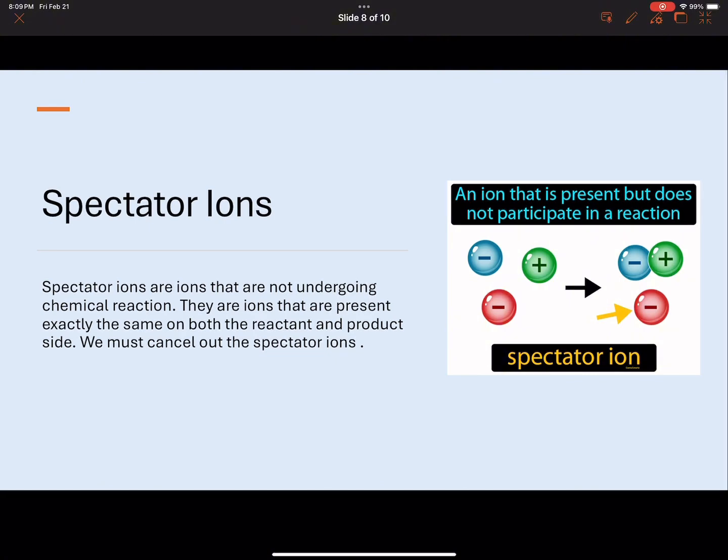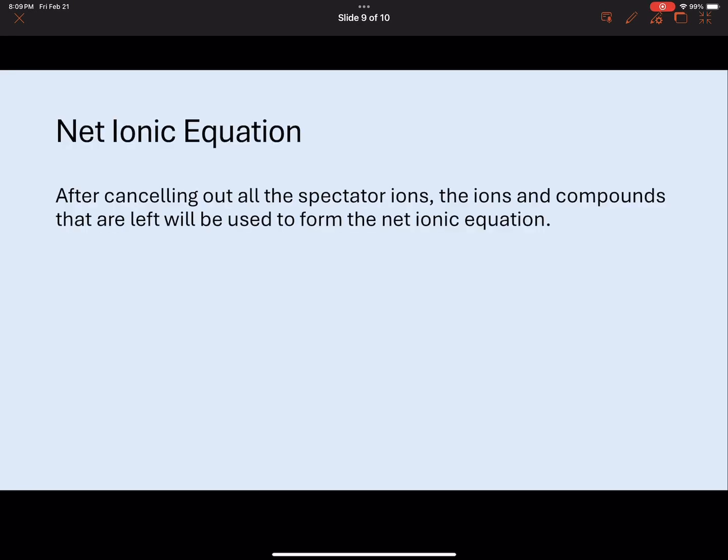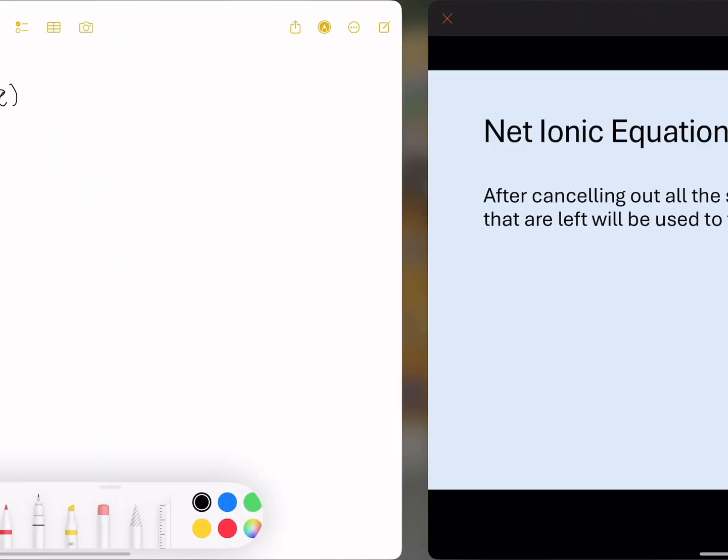They appear the exact same on the reactant and product side and need to be canceled out to make our net ionic equation. Once you have canceled out all the spectator ions, whatever is left is going to be used to make our net ionic equation. So that's all, and now we will do an example problem.